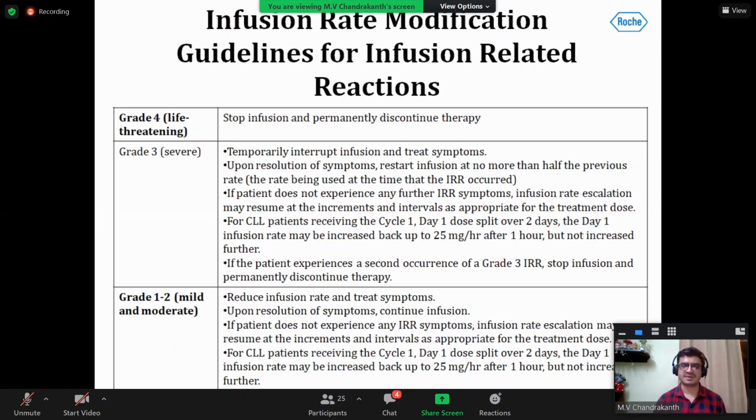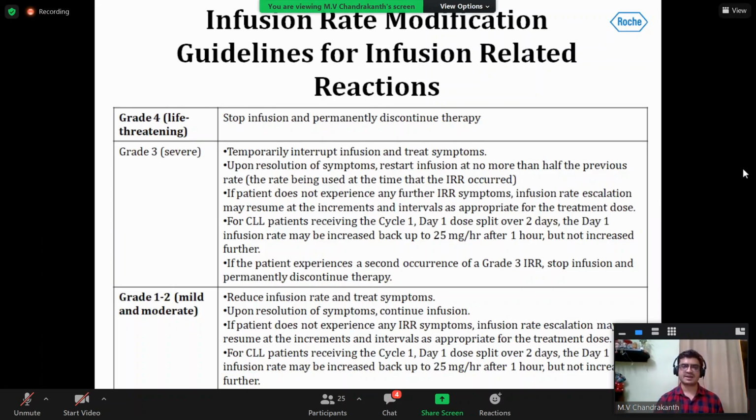Grade 4, straight away permanent discontinuation. Grade 3, you start with 50% of the rate at which you got grade 3 and slowly go up 25 milligram per hour and so on. And if the patient experiences a second grade 3 IRR, we have to permanently discontinue obinutuzumab.